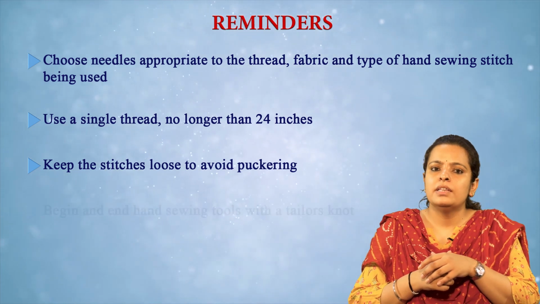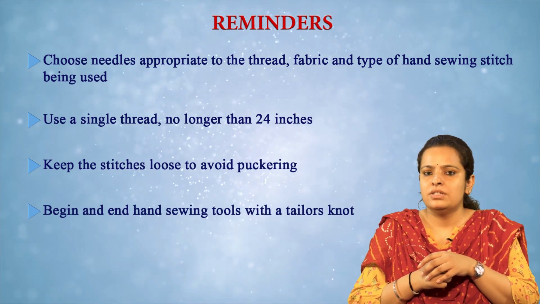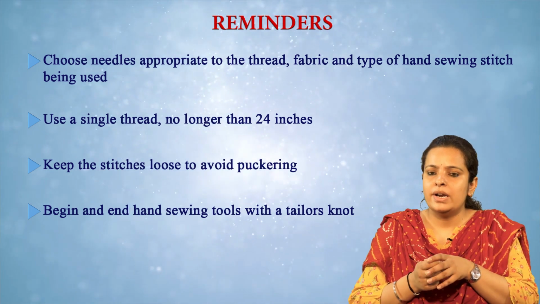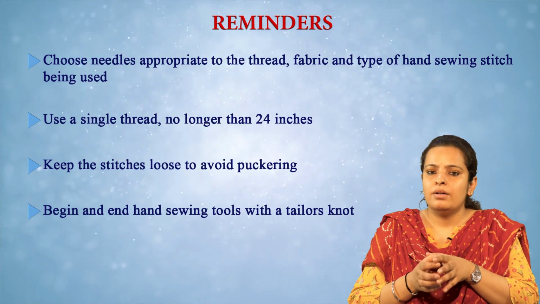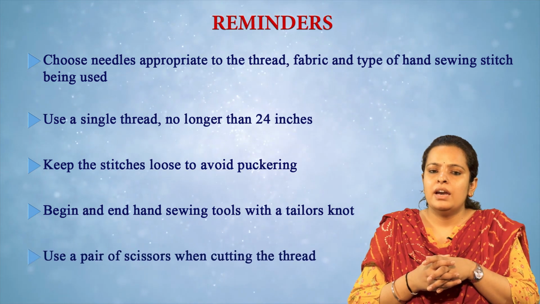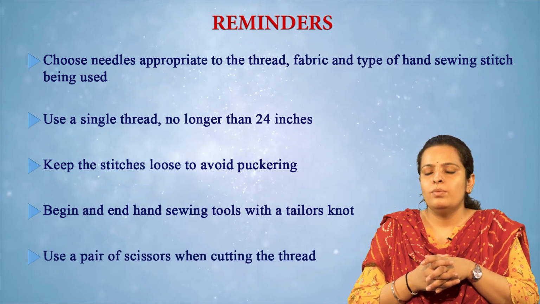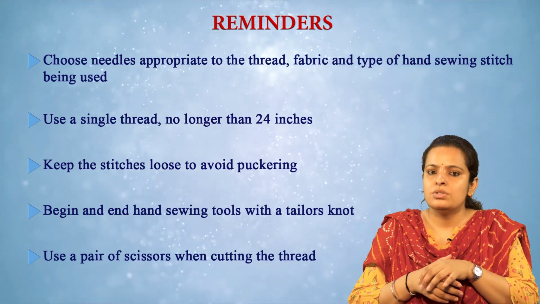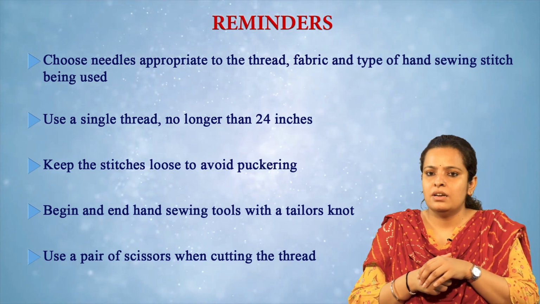Then begin and end hand sewing with a tailor's knot. Make a knot at the end of the thread carefully, and use a pair of scissors when you want to cut the thread, only the cutting scissors.